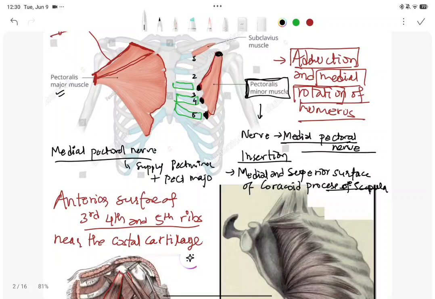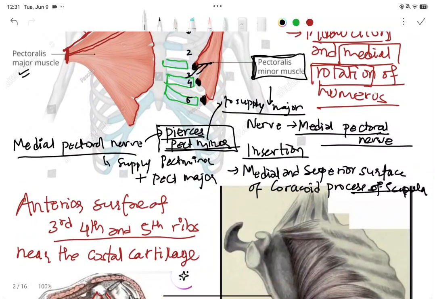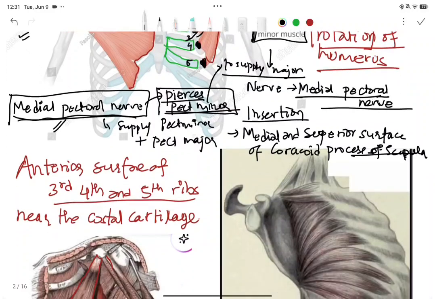It pierces the pectoralis minor to supply the major. So to supply the major, it passes through the minor. From here the medial pectoral nerve comes out and supplies the pectoralis major also. So the medial pectoral nerve pierces the pectoralis minor, but the lateral pectoral nerve does not pierce the pectoralis minor. It comes by piercing the clavipectoral fascia.